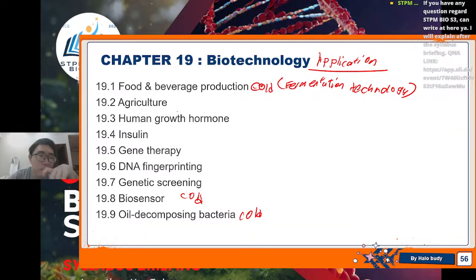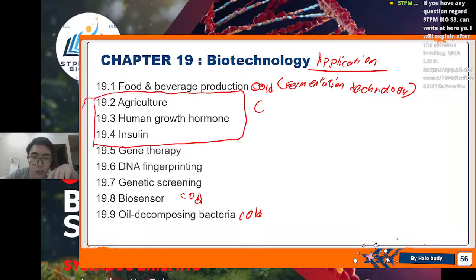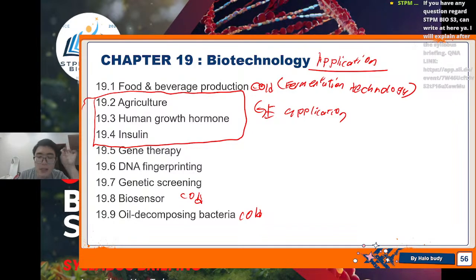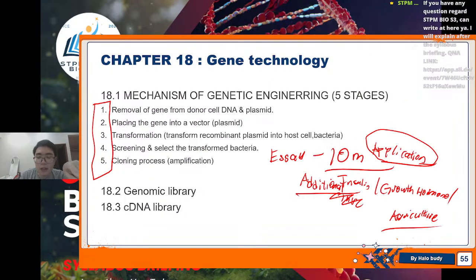Next is about agriculture. Agriculture, human growth hormone, and also insulin are actually under genetic engineering applications. But there are some modified steps, or rather additional steps, compared with genetic engineering.